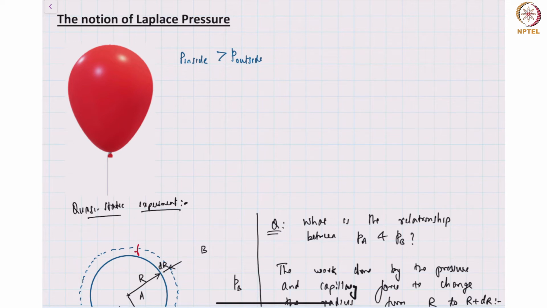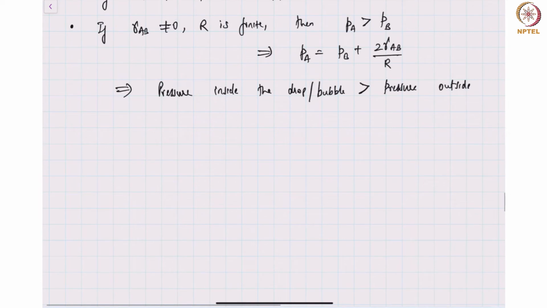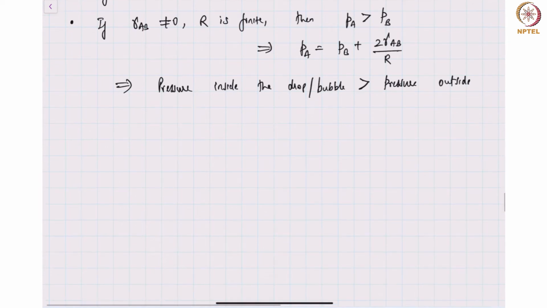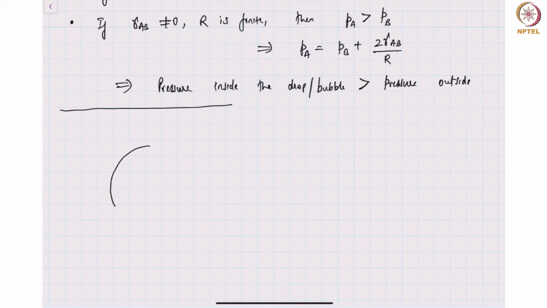Okay, now we can actually even examine it for the case of a soap bubble, and this is something I showed a video of in the introductory lecture. If I take a soap bubble, I'll make a very quick drawing of a soap bubble here. What you have in a soap bubble is you have two surfaces.